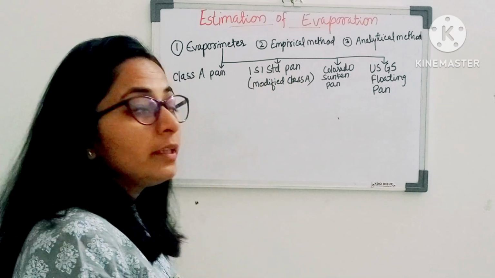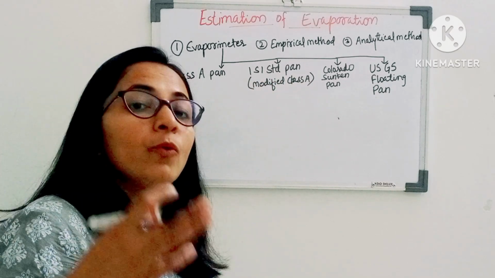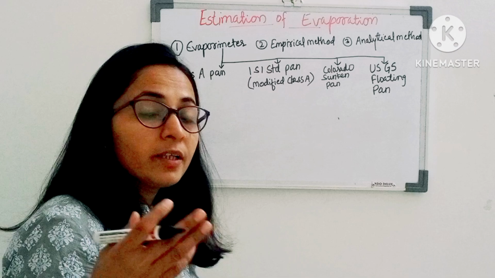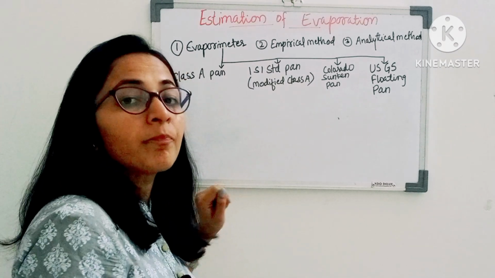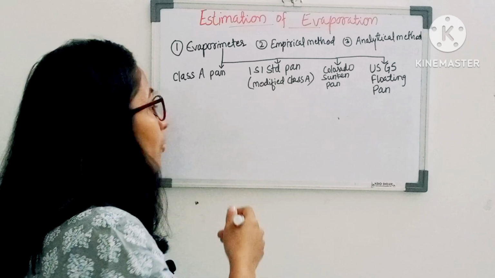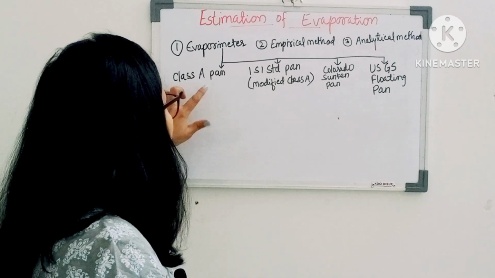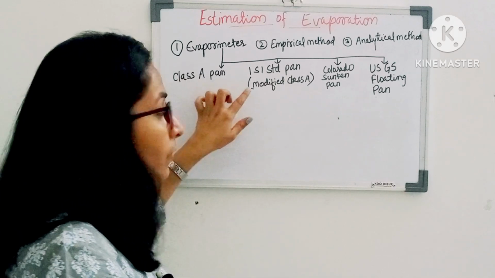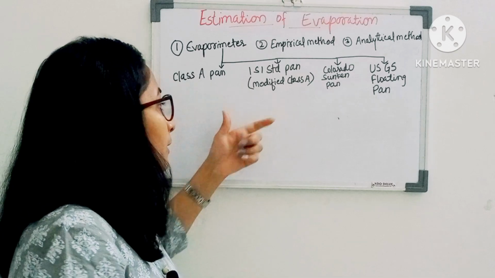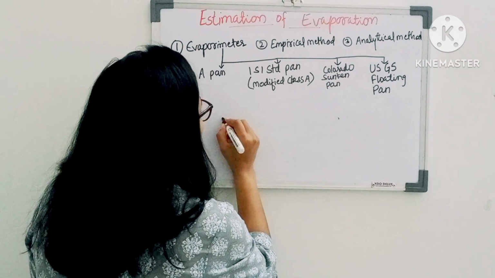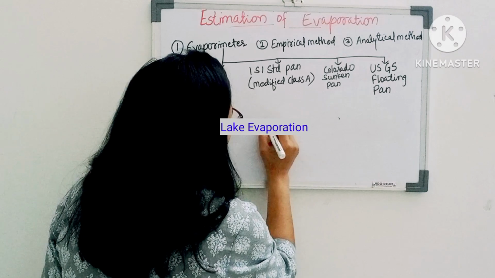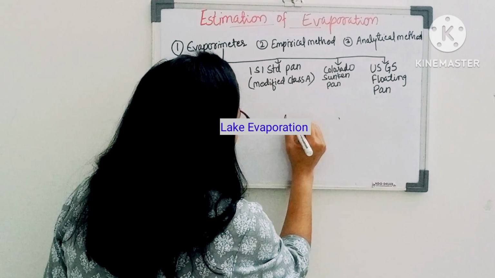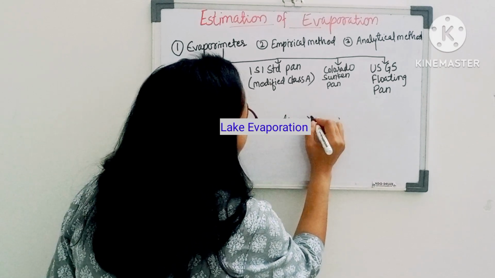So to get accurate or more precise evaporation readings, we multiply the respective coefficient with the readings or observations taken from the evaporimeter, and the actual evaporation or lake evaporation is equal to that.